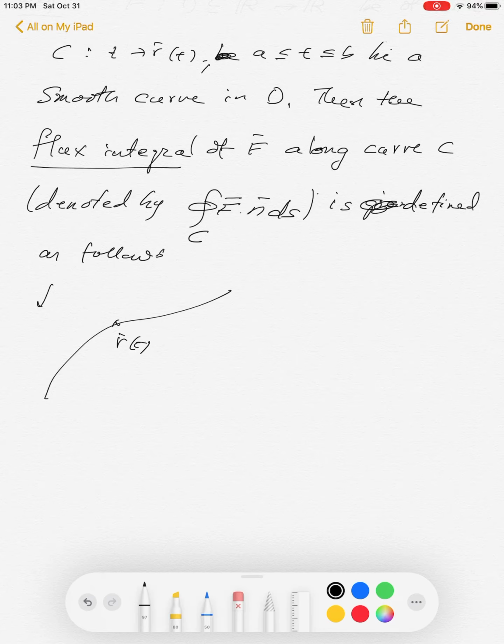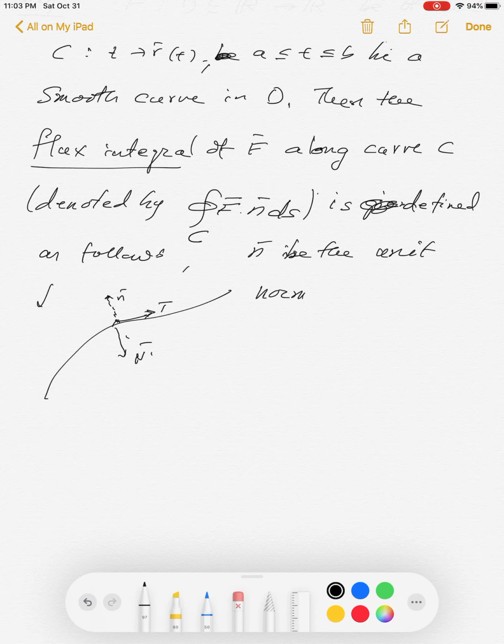So what you do is you take n bar, the outward normal. So you have a curve, you have a point r bar t, and remember the tangent vector is here, the unit tangent vector, and the unit normal vector is like that, which we call n bar. What we want is the unit normal vector in the outward direction.